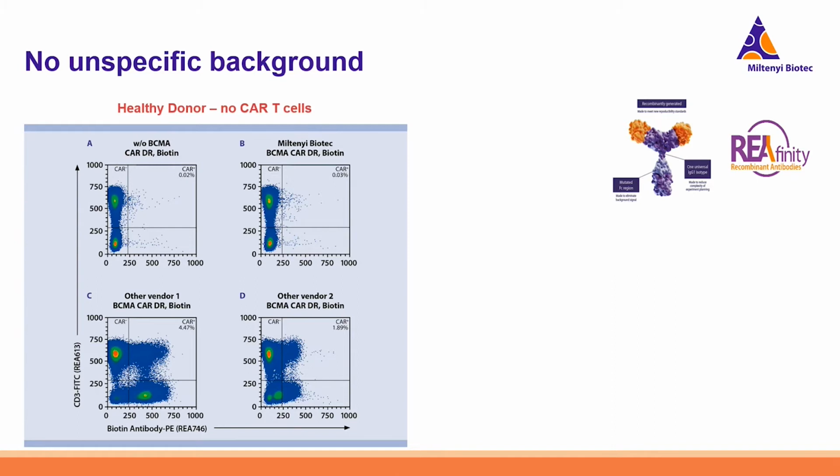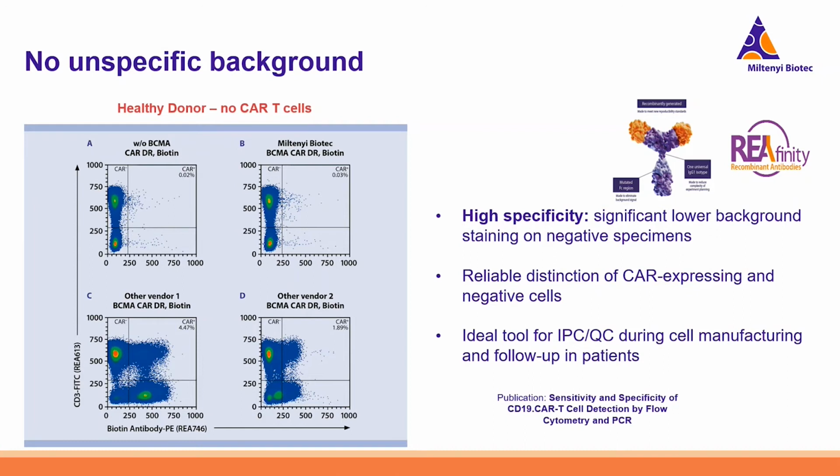On the right side, you see our BCMA CAR detection reagent added, still very low signal. And then on the lower panels, you see CAR detection reagents from two other vendors, and there's quite some high background. So this is something really to keep in mind, that you should work with reagents that have a really low background signal and don't give you false positive results.